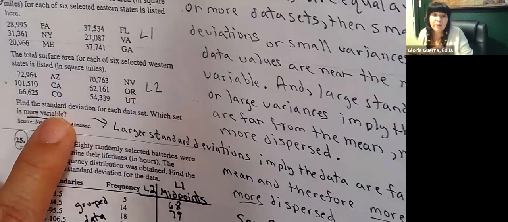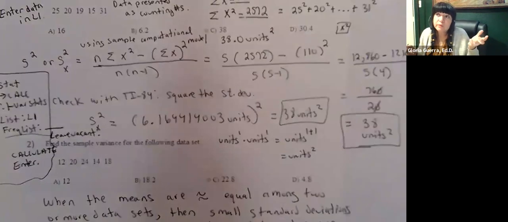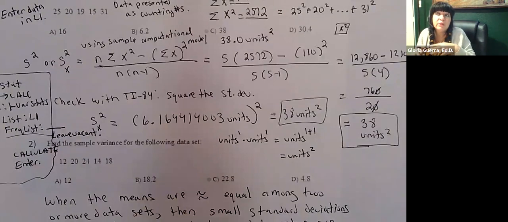But you can still look at data sets, standard deviations and their variances. If you just have to compare the same thing from two data sets, compare two variances or two standard deviations, and then you would want the bigger one among those two.